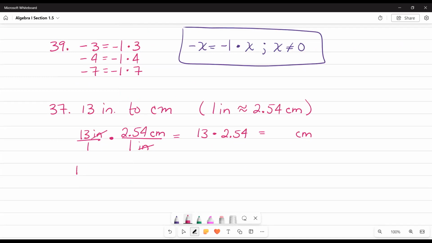Because if I had 13 centimeters and was asked to convert it to inches, I would have to write 1 inch over 2.54 centimeters. And you see how when I do that, my centimeters cancel? That's why you write it this way, just in case you confuse whether you multiply or divide.